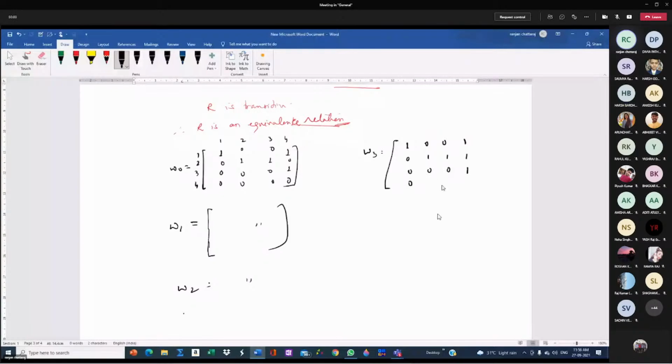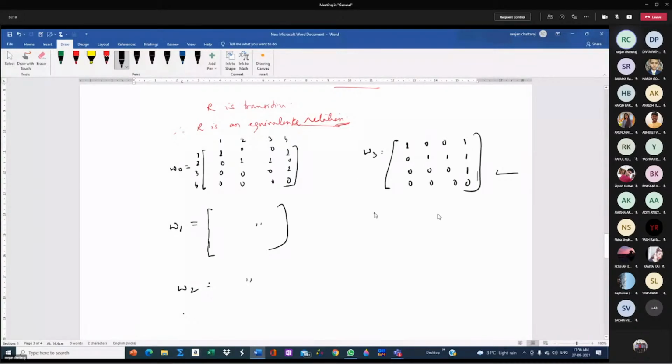Yeah, it's okay. So this is the transitive closure.